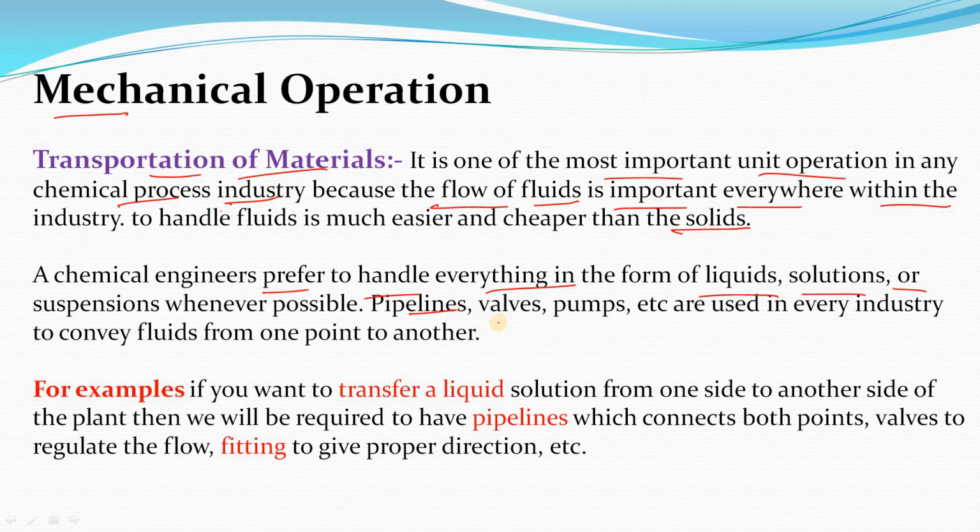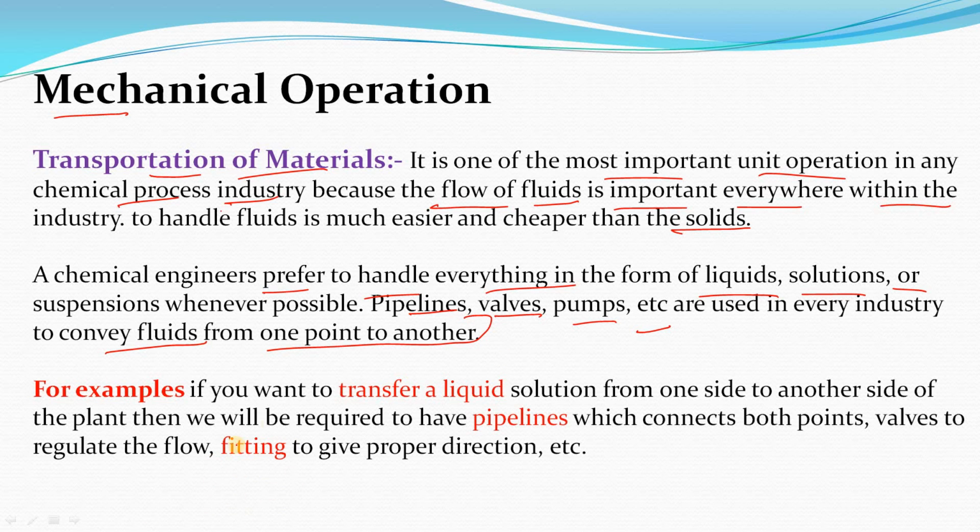Pipelines consist of valves, pumps, etc., which are used in every industry to convey fluids from one point to another. If you have ever visited an industry, you can relate to these things I am talking about right now.